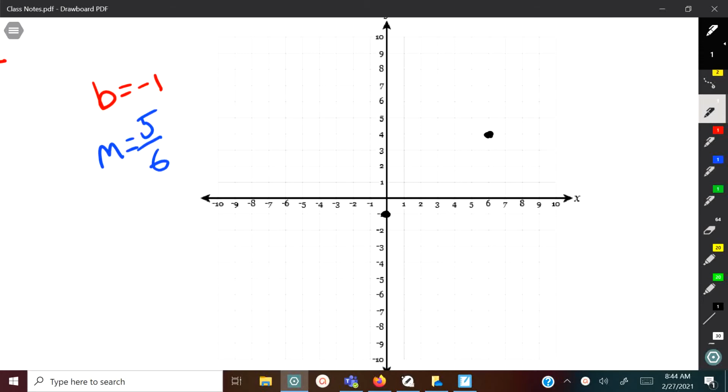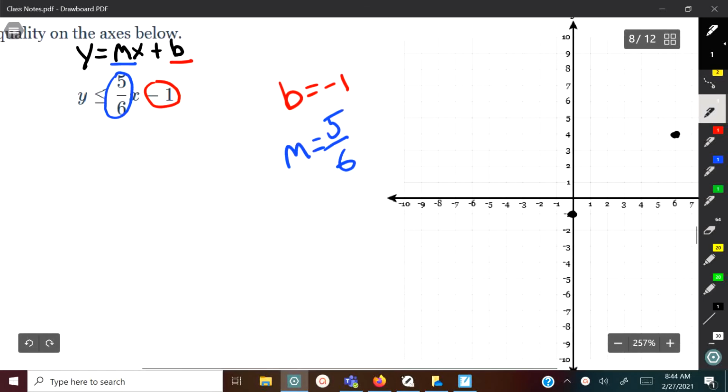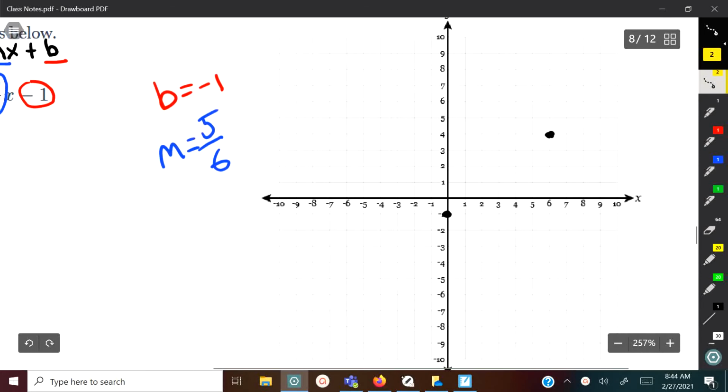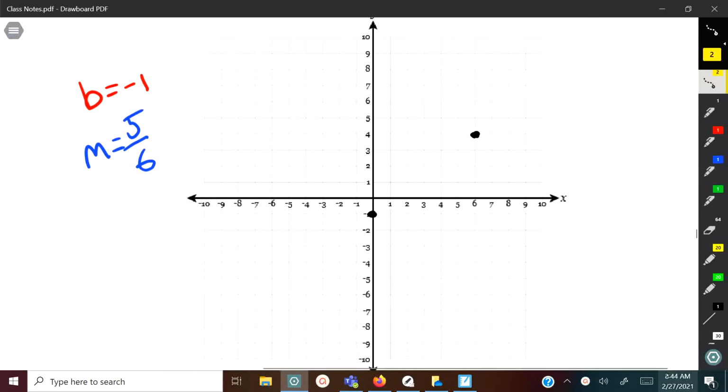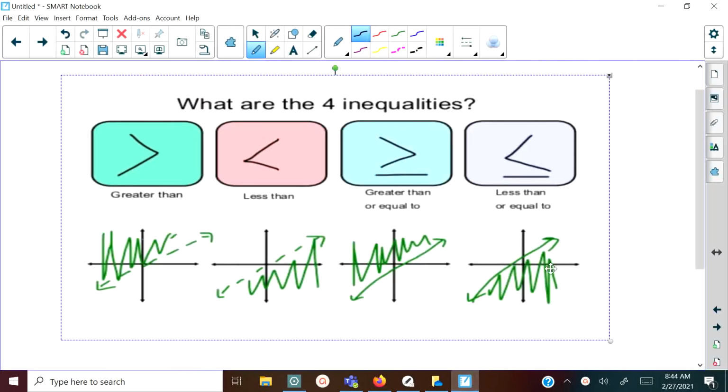Remember when we draw the line here, we've got to use the symbol that we have, which is a less than or equal to. So if you go back to your notes, the less than or equal to right here would mean we'll have a solid line and we will shade below.